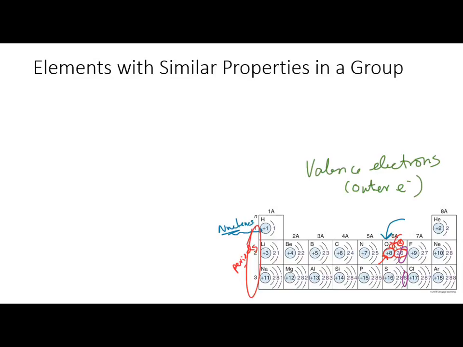Let's go over a group to 5A. Let's look at nitrogen, the outer electrons 5. Phosphorus, outer electrons 5. Carbon, outer electrons 4. Silicon, outer electrons 4. So they have the same outer electrons. They have the same valence electrons. And that's where their similarities begin. That's the essence of their similarities.